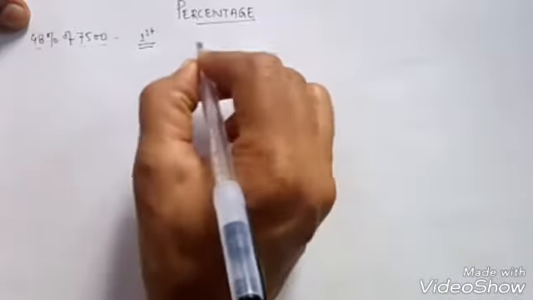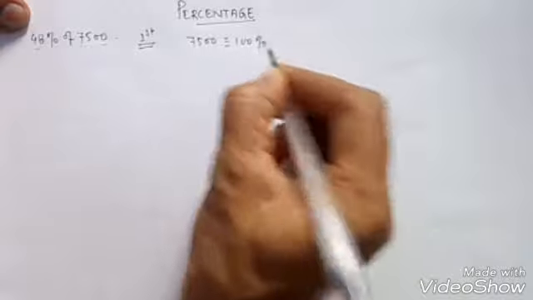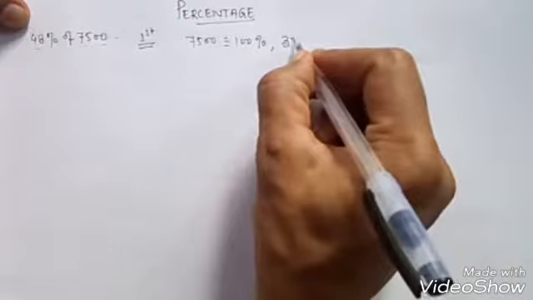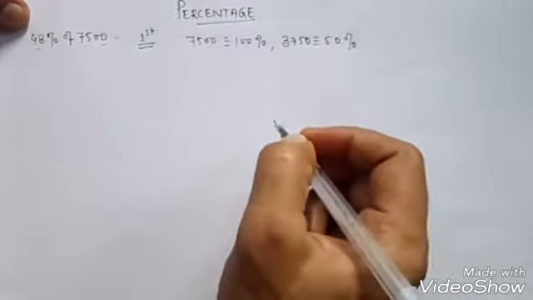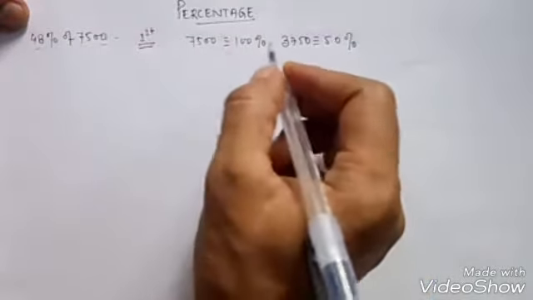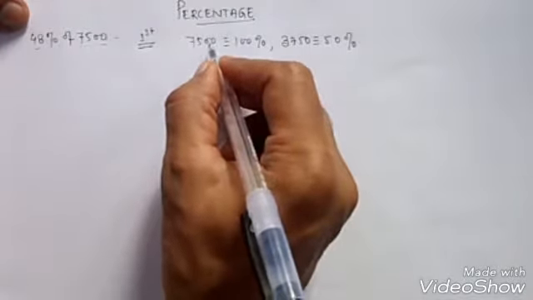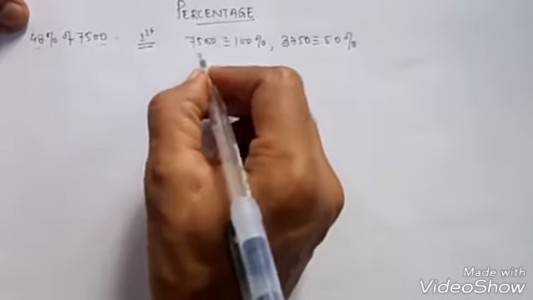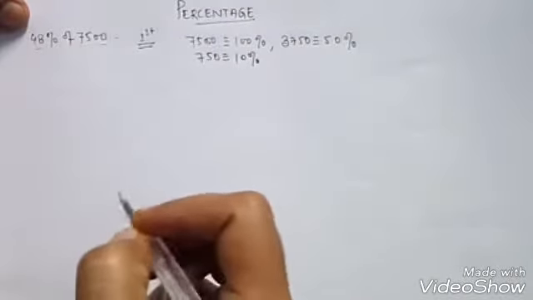So this whole term is supposed to be 100%. Then half of this term, meaning 3750, would be equivalent to 50%, right? And if I put a point over here, it means 750, which will be equivalent to 10%.